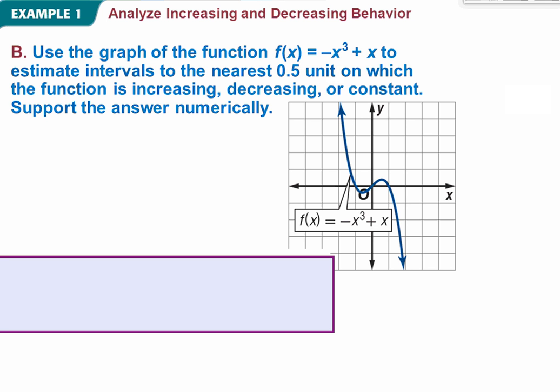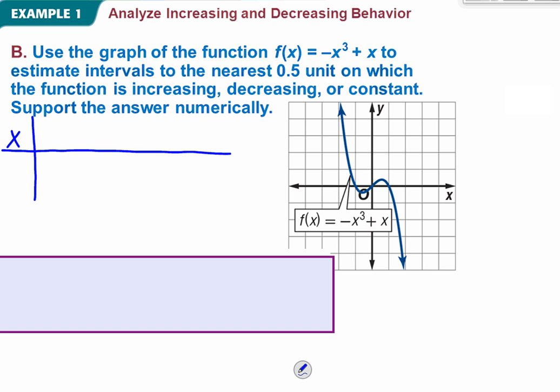And you'll notice that things are not all happening at grid marks, so we are going to the nearest half again as we look at this. We'll make a table of values. It looks like -2 should be far enough.